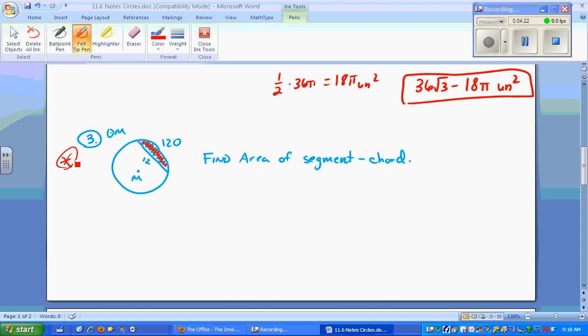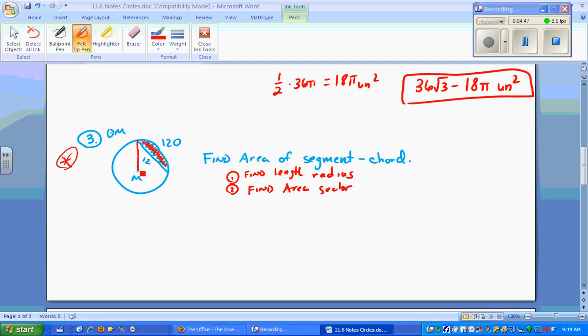So what we need to do is break it down into steps because we want to find this area. Step 1 is to find the length of the radius. Step 2, we're going to find the area of the sector. What do I mean by the area of the sector?